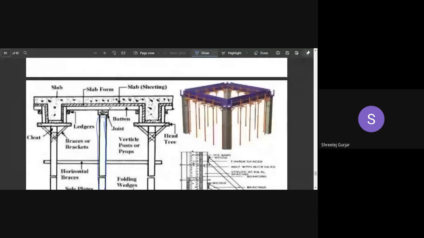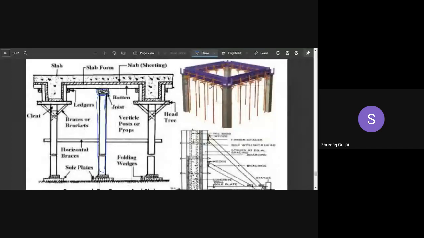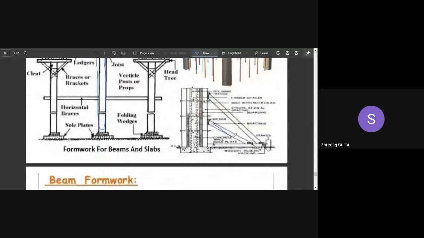These are your vertical supports or vertical props. This colored thing you can see is your board. And these are inclined members which we call braces or struts. All these quantities we have to calculate.